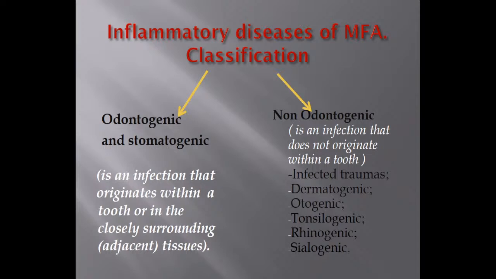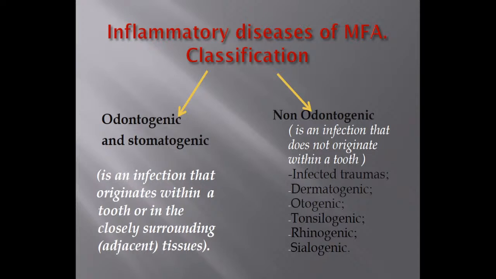That means that it's an infection that originates within a tooth or in the closely surrounding tissues, for example, gingiva, oral mucosa, salivary glands, and others. And particularly odontogenic infection is that infection which originates within a tooth.